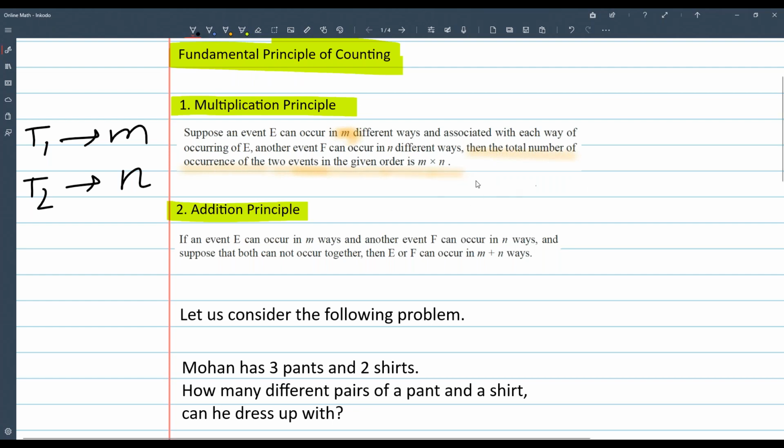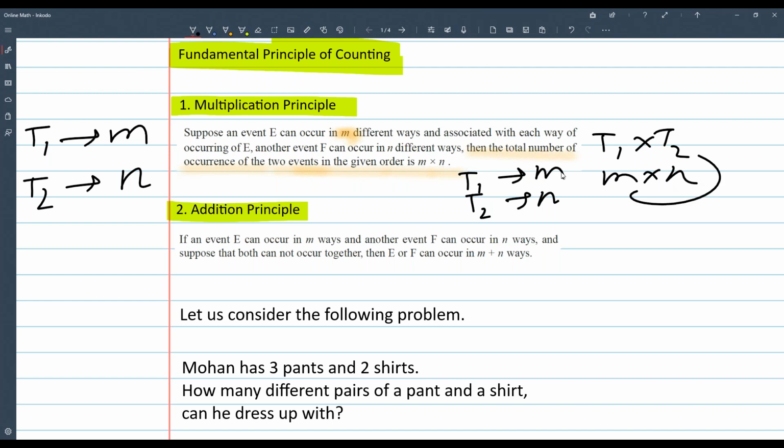So when we say that task 1 is completed in m ways and task 2 is completed in n ways, and if these two tasks are going to be completed together, we multiply the number of ways. That is called the multiplication principle. Similarly, for the addition principle, we add the number of ways, but here both tasks are not going to happen together.